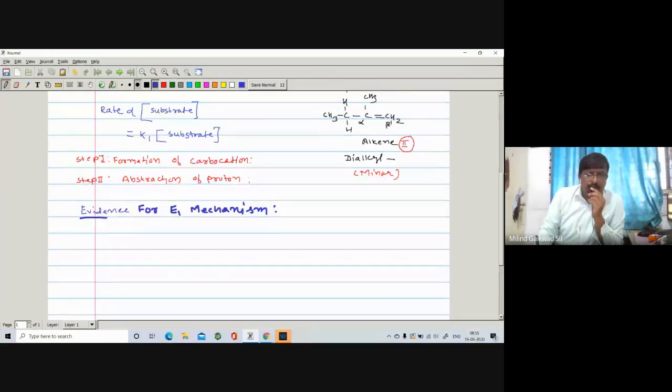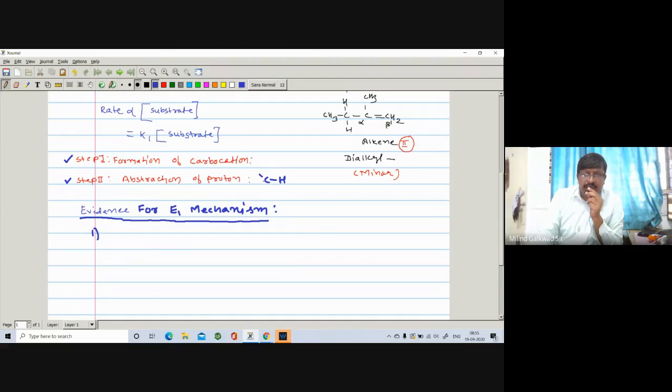So in the evidence, what you have to see is that the mechanism takes place in two steps. Step one, formation of carbocation. Step two, abstraction of proton, and you get the corresponding compound. In the second step, you will find that there is a breaking of a CH bond.